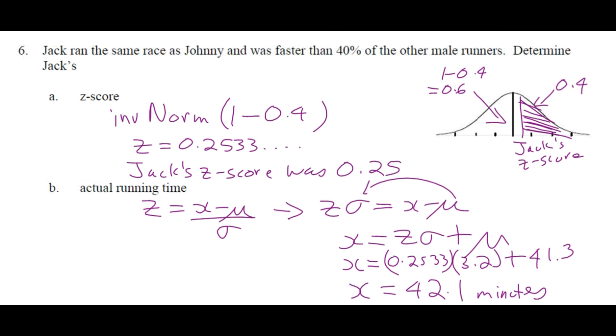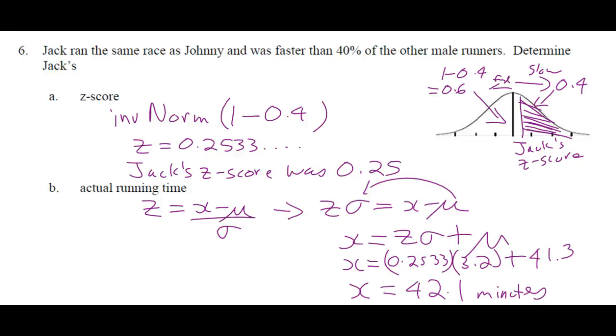If you look at what happened, we know that Jack was in the same race with the guys. We know that he was faster than 40%. Remember, this way is slower, and this way is faster. So 40% were slower than him, so we've got the 0.4 here.